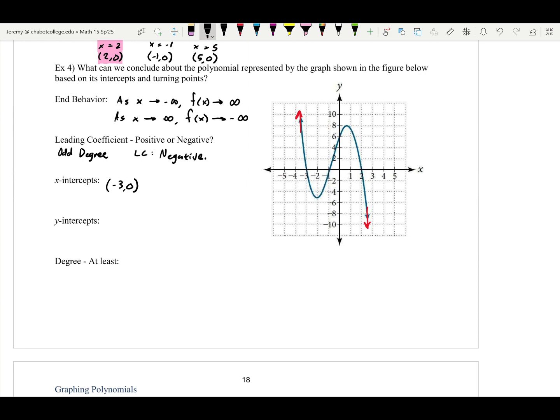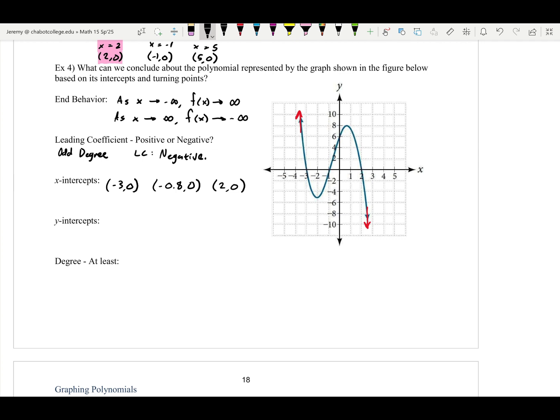-3, 0, -0.8, 0, and the third x-intercept is at 2, 0. All right, y-coordinate always being 0 because it is just on the x-axis. We don't travel vertically in either direction.